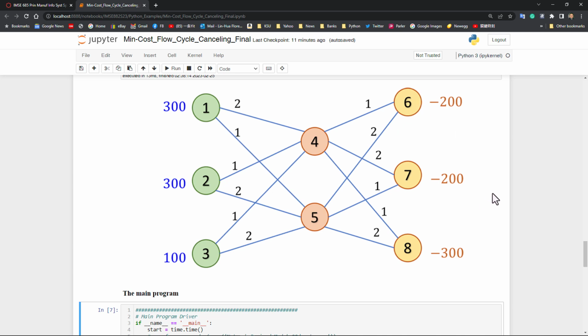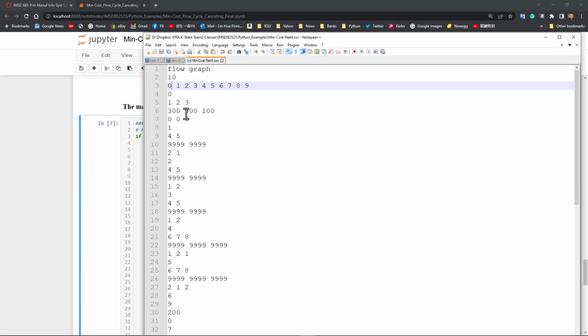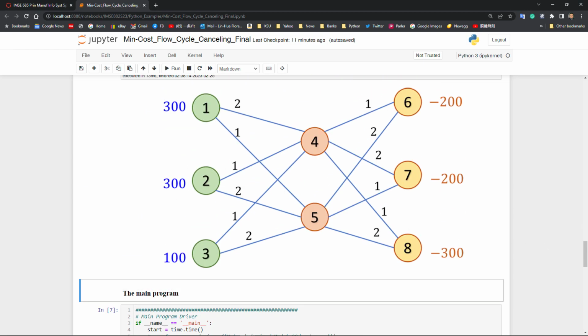Also, I have a dummy sink node right here, and the flow capacity from the demand nodes to that dummy demand node has upper bounds of 200, 200, and 300, and so on and so forth. So you'll see how that works. From node 0, the destination nodes are 1, 2, 3, which are those 3. Okay.